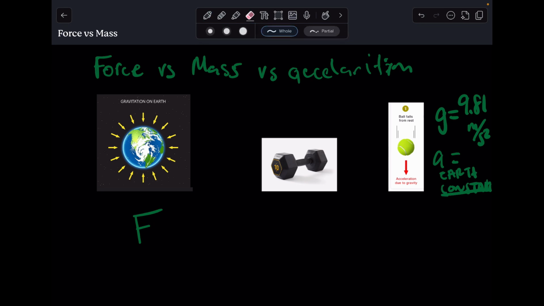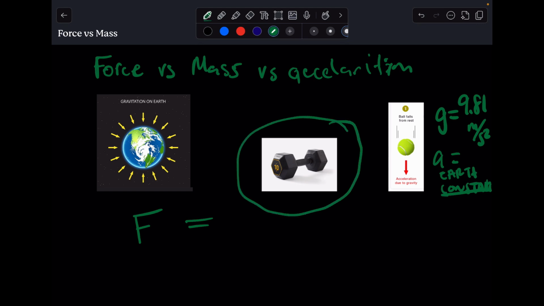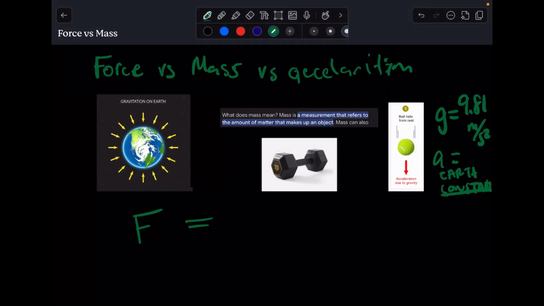Force equals mass, which, in this case, we can imagine an object with a mass, a measurement in kilograms of an object. Mass is defined as a measurement that refers to the amount of matter that makes up an object. Okay, that's a little basic definition.